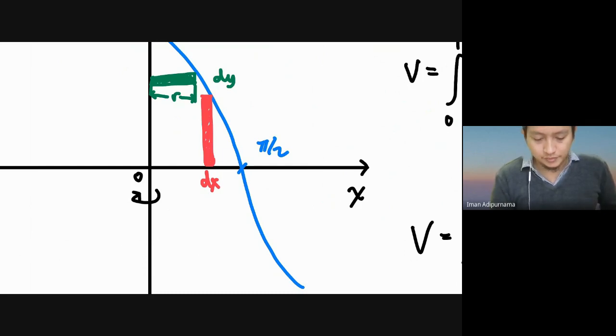Then we will have the height. We need the height, right? And we need also the radius. The radius in our case here will be just x, variable x. The height will be the function, the cos x, right?